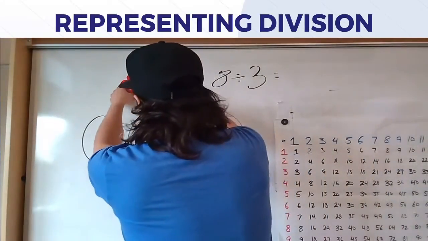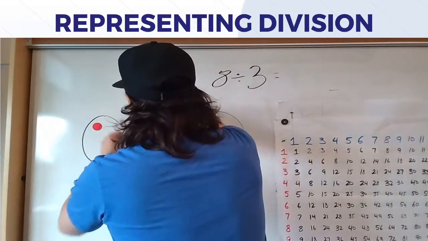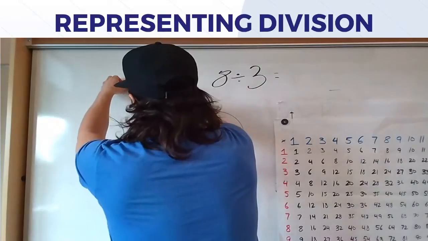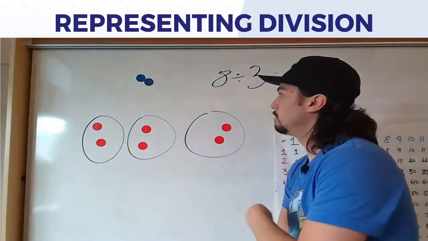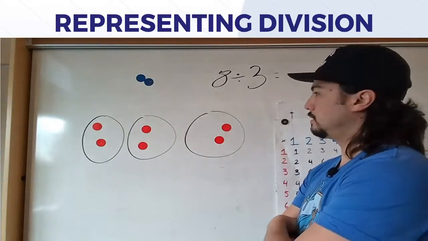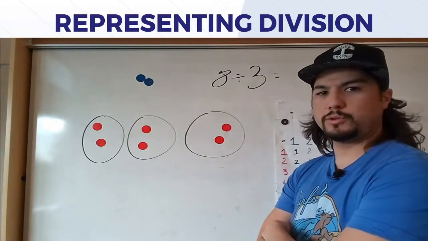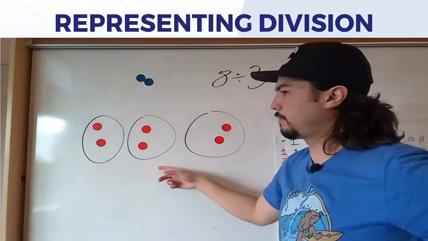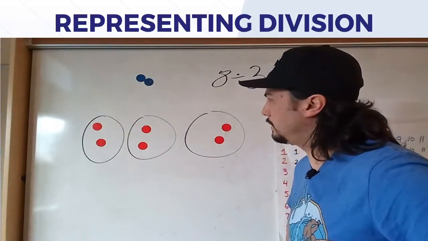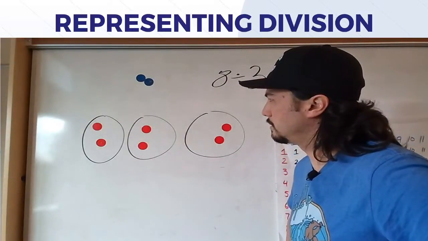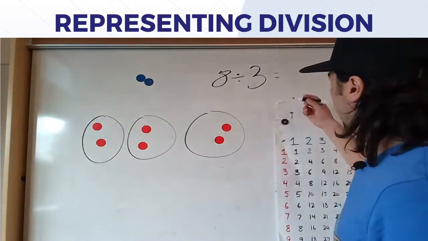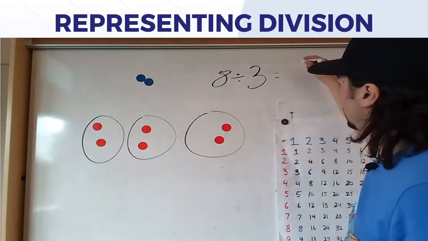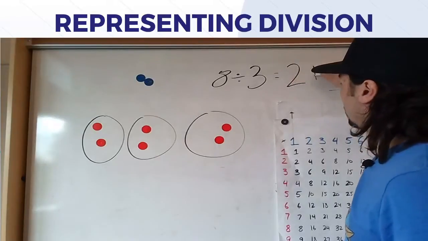This is our deal the cards method. 1, 2, 3. 1, 2, 3. And, oh. Well, we only have 2 left, but we have 3 groups, and we can't do it equally yet. So we could give our answer as 2 in each group with a remainder of 2.